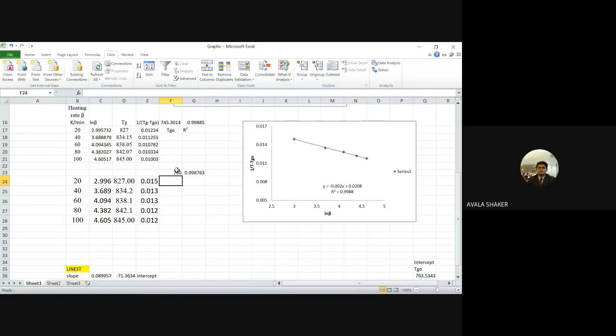Okay, so this is 0.9988, 0.9989. So we changed this by 10 degrees, and there was a 1-digit change in the fourth decimal place, so there's hardly any change.